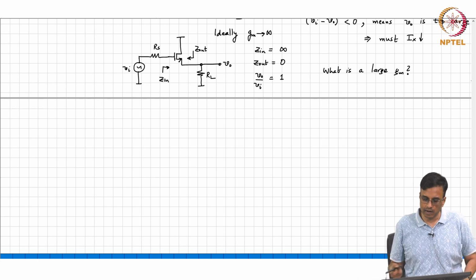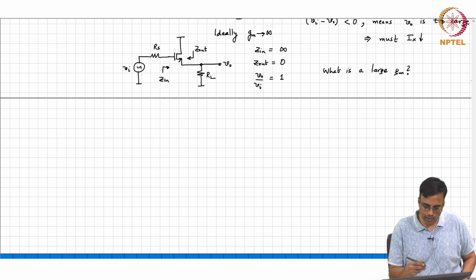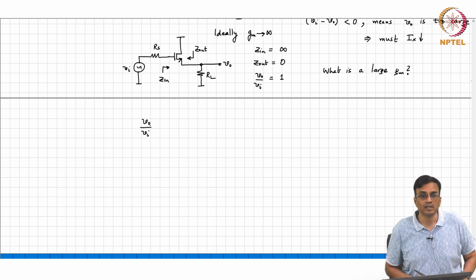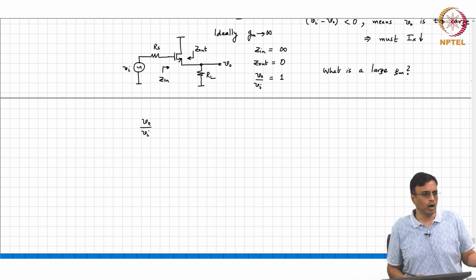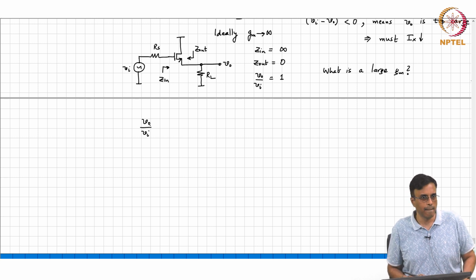So, equivalently, there are multiple ways of doing this. One is to simply compute VO by VI when GM is finite, and stare at that expression and figure out for what values of GM that expression will tend to 1.